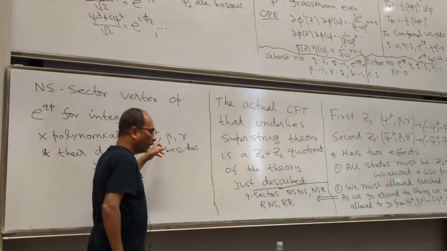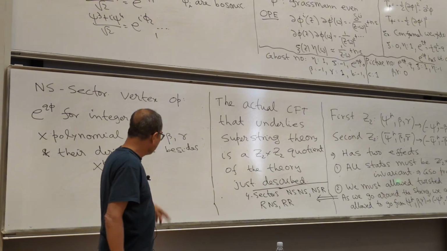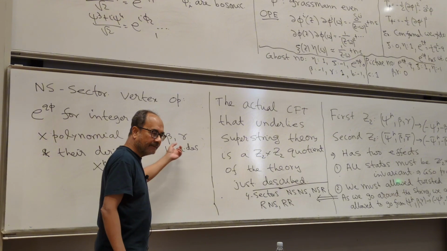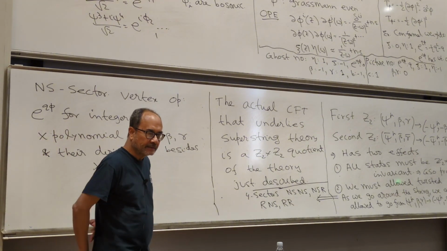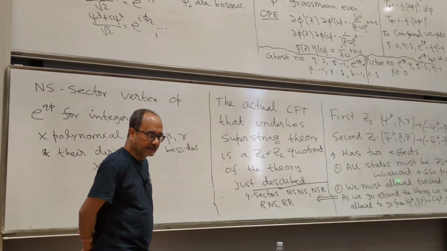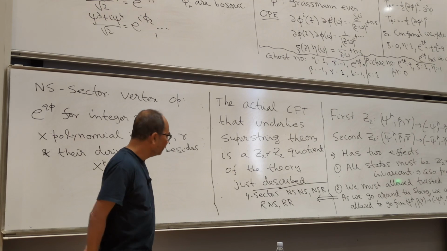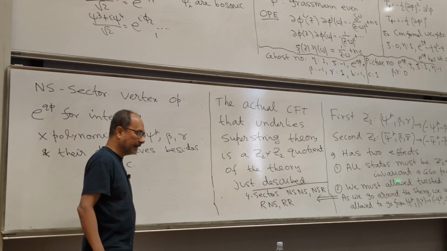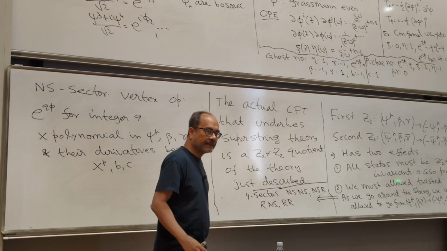You can have del psi mu, for example, or del beta, del gamma, just like we use del x mu, del square x mu, and so on. So you can take derivatives of psi, beta, gamma, products of those derivatives, and apply them on the constructed vertex operator. So anything that you want, you can do with these, any polynomial in these and their derivatives. Is this clear?